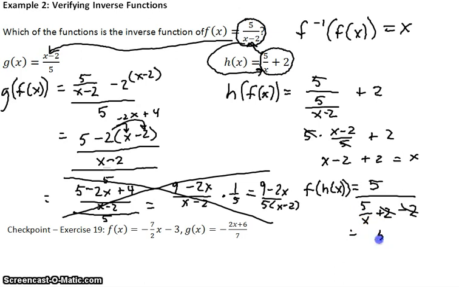So I'm left with 5 over x, which is equivalent to 5 times x over 5. Again, the 5's cancel out. You're left with x. So it turns out both cases you are left with just the identity function. So these are the inverses of each other. So h of x is the inverse.